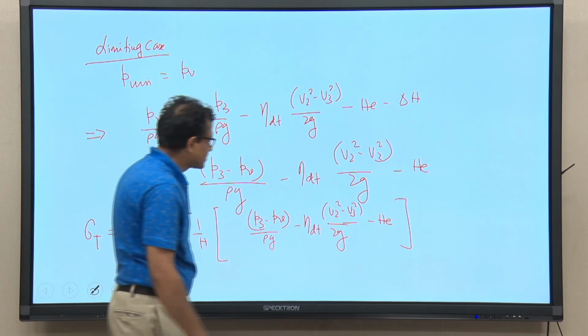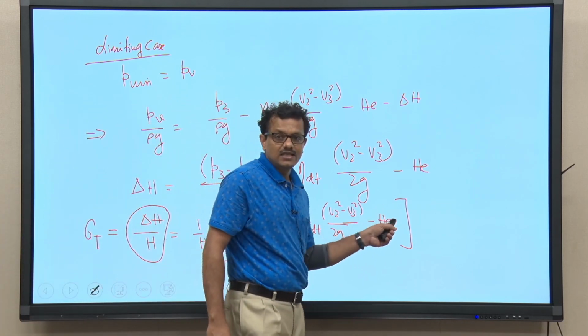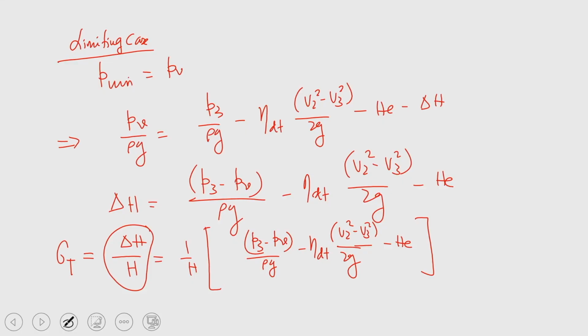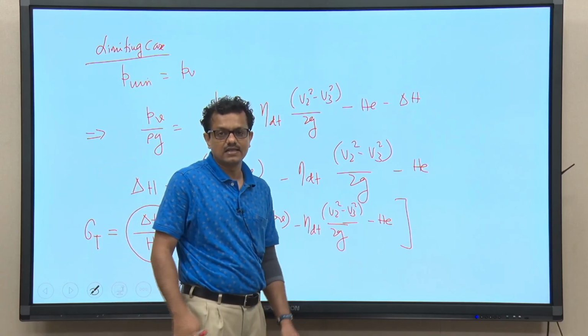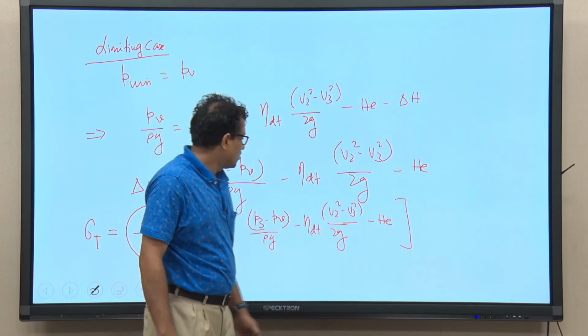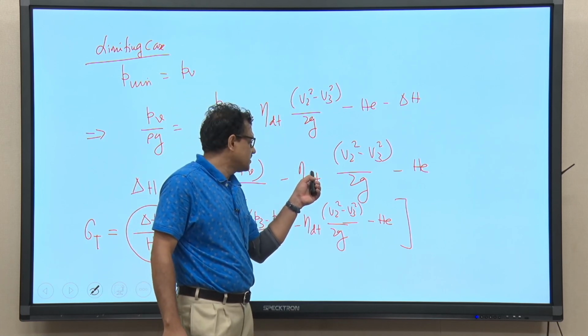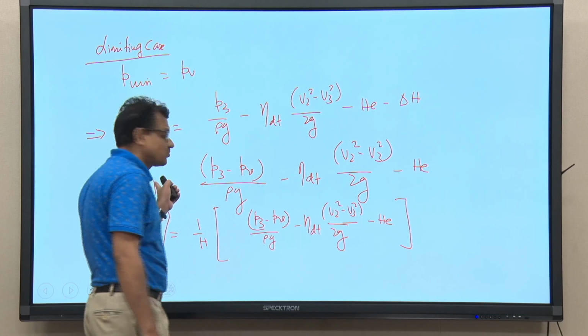So, try to understand, the higher the H e, the less will be delta H. So, the net suction head would be less. Higher the efficiency of the draft tube, delta H should be less.